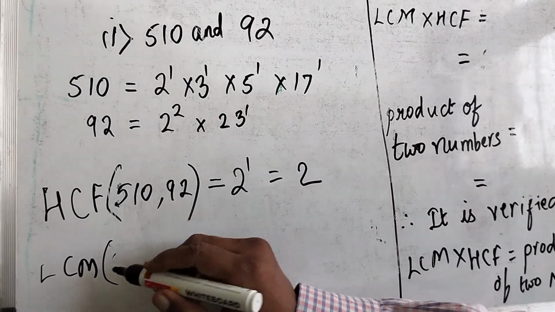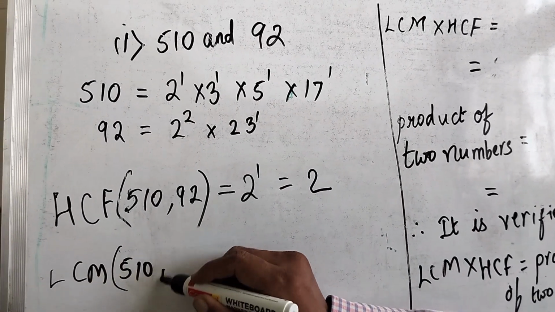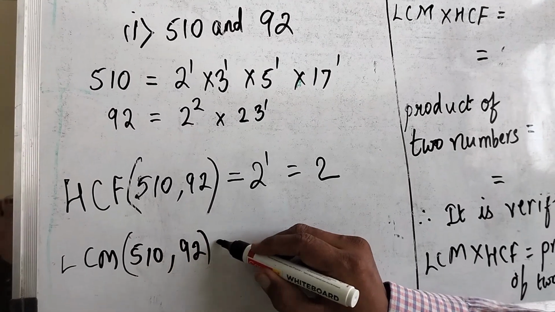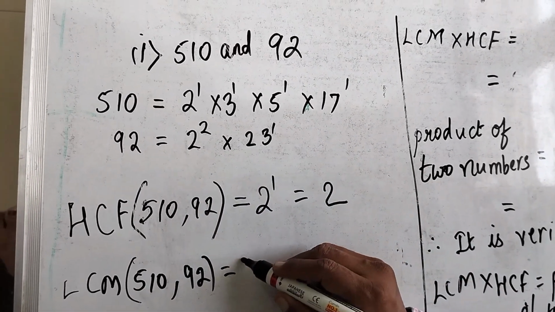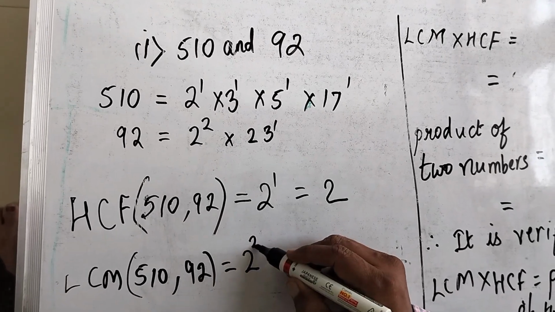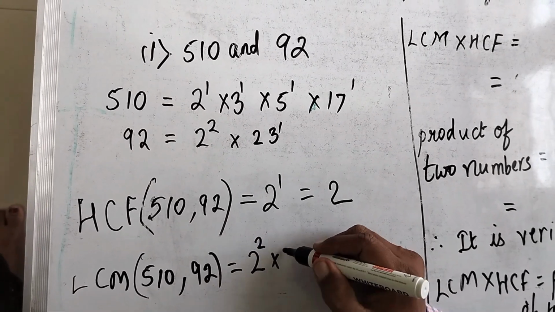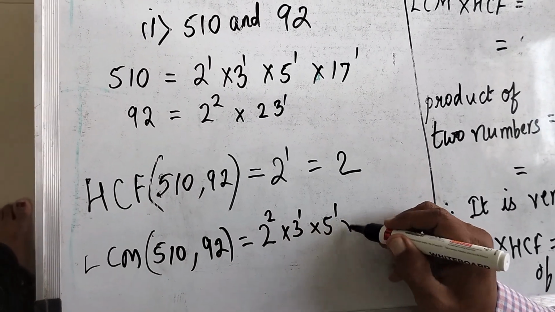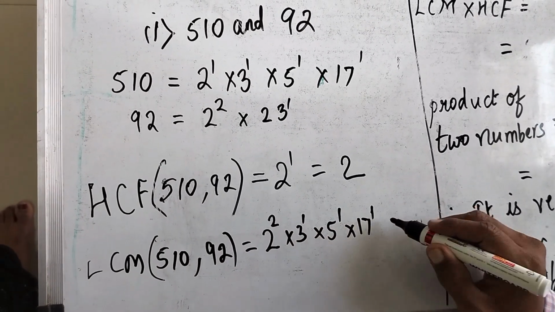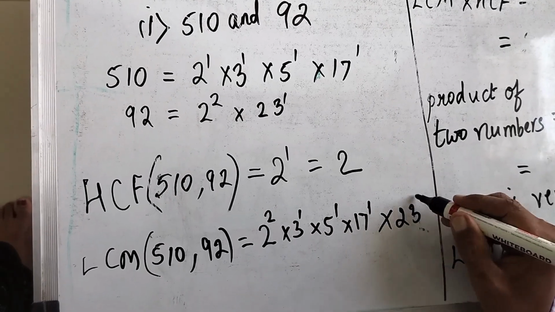The LCM of 510 and 92 is equal to all the prime factors with the greatest powers. Now 2 has the greater power, 2 squared, then 3, then 5 raised to 1, then 17 raised to 1, and then 23 raised to 1.